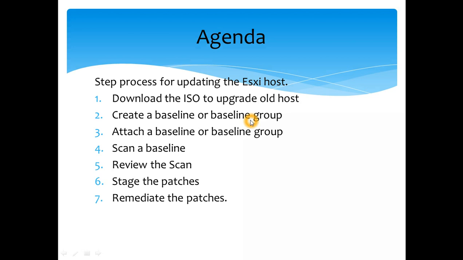The good thing about having a baseline group is, say for example, you're updating an ESX host from 6.5 to 6.7, and the ISO is like 3-4 months old. Once you update it, if you have a group baseline, you can add the remaining patches in the group baseline, so you can bring it up to January maybe.